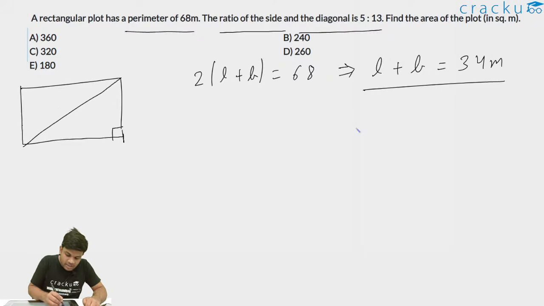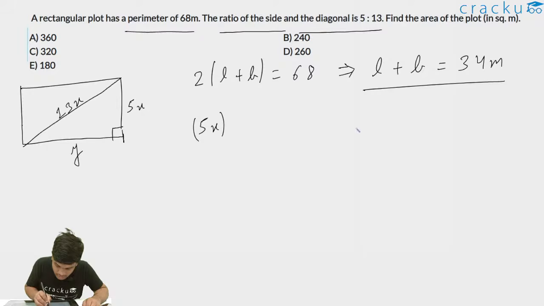So this is, let's say, 13x, and let's say this side is 5x and this side is y. So it is forming a right angle triangle. So by using Pythagoras theorem, we will get 5x whole square plus y square is equal to 13x whole square.